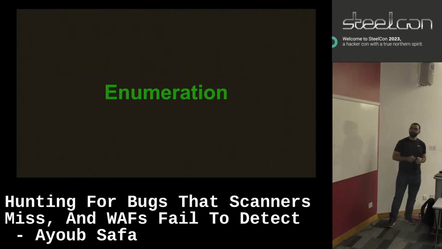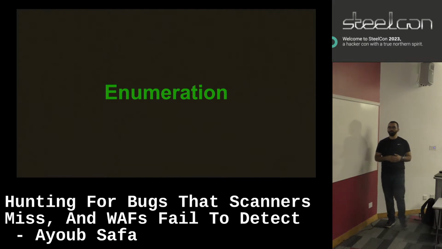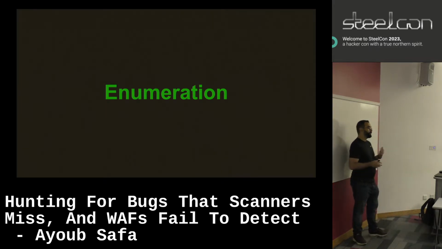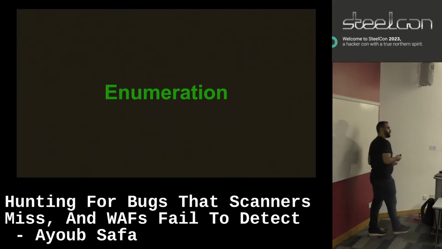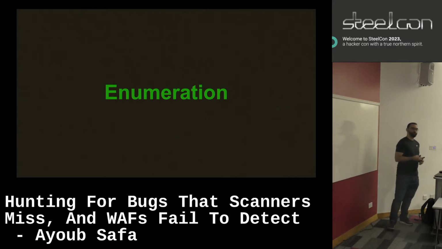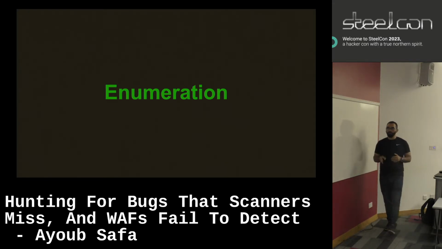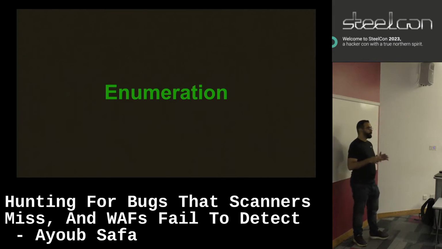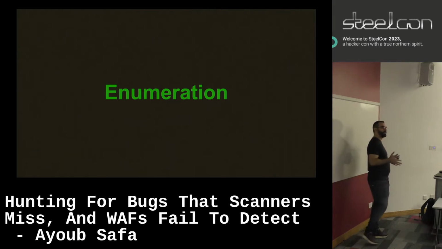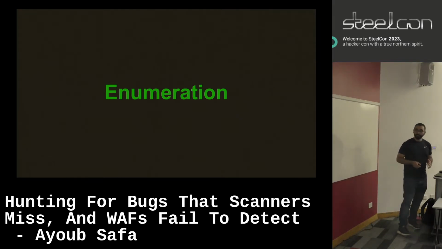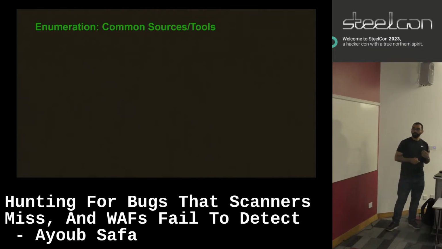Now let's start with enumeration. Enumeration is one of the first steps when pen testers start testing an application, and there are many kinds of enumeration. In this talk, I will be focusing on enumerating web components by identifying all the possible endpoints. There are many ways to do this.